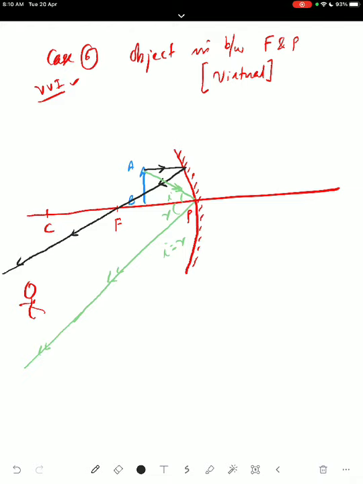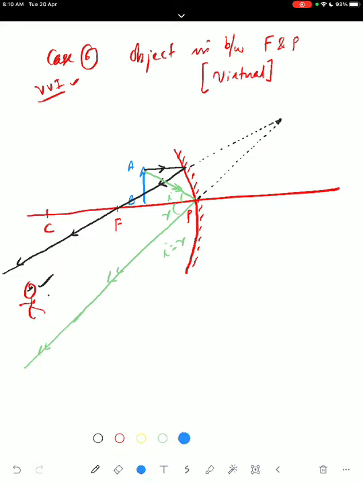If you are standing here, the rays appear to come from a point. So extend these rays backward. The first ray is extended back, and the second ray is also extended back. For an observer here, these two rays appear to come from a point here.